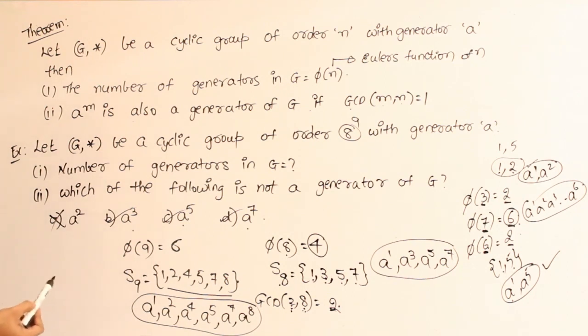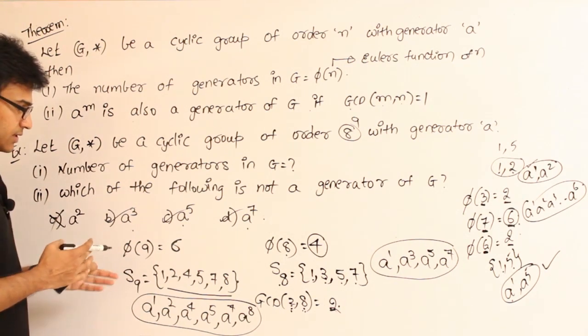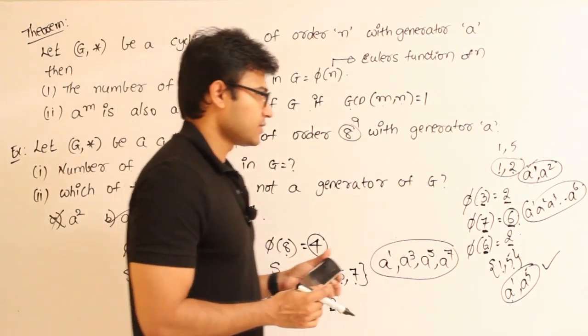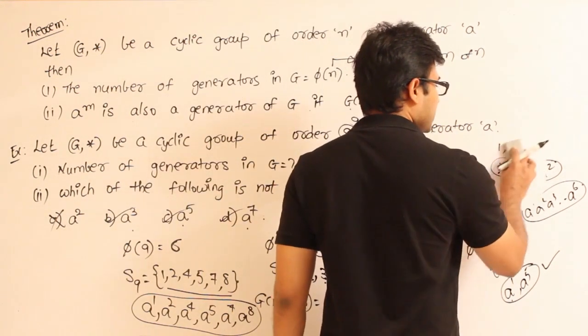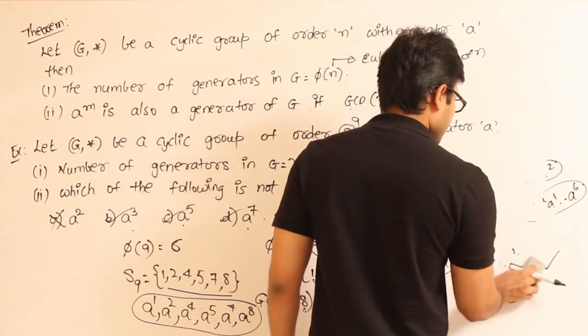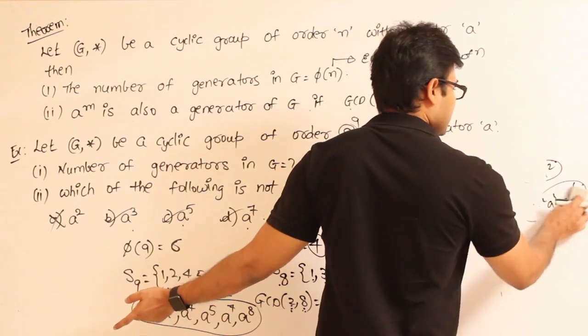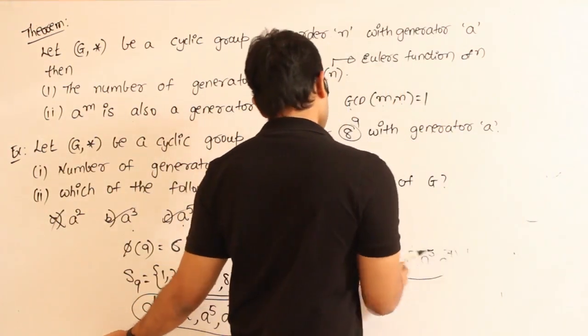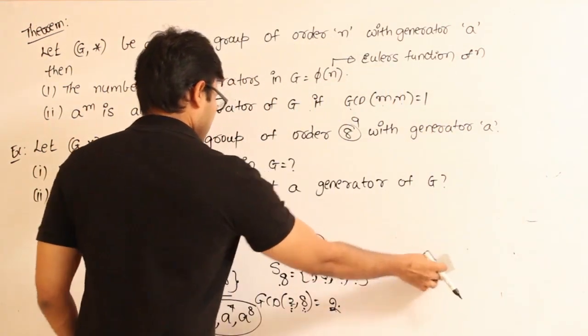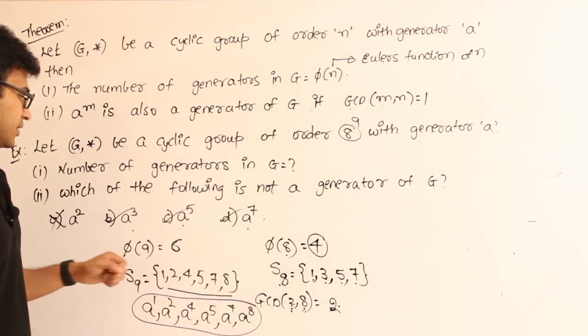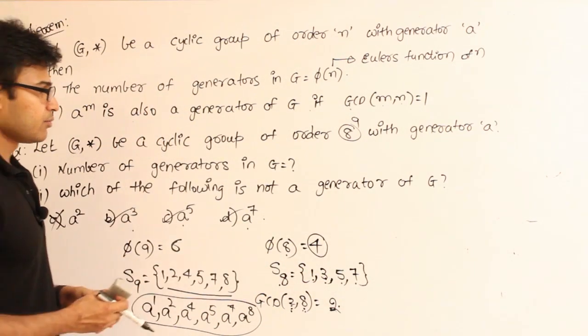But the problem with this method is as this number n increases, it will be difficult for us to find out this number by counting. See, how am I finding out phi of n here? I was actually counting, right? But then there is a product rule.